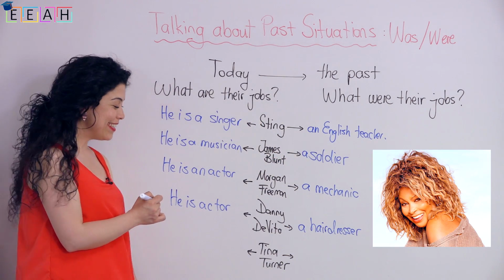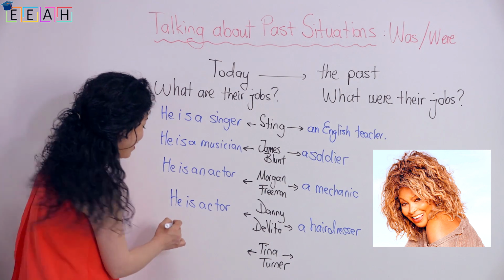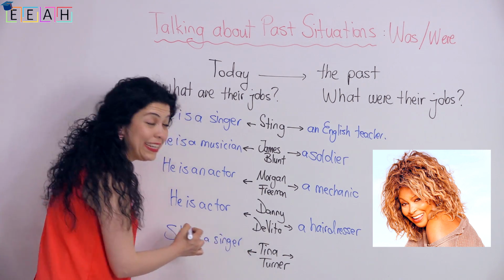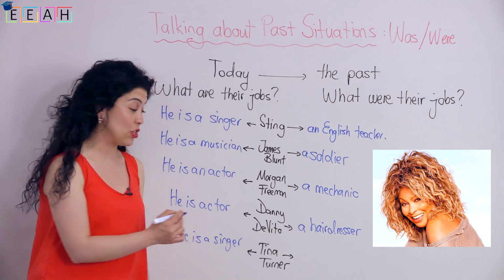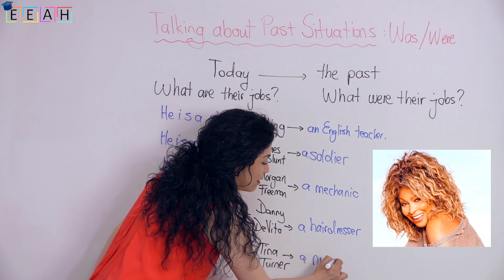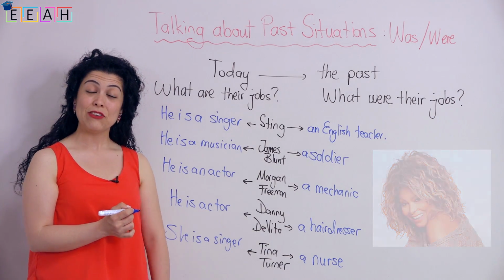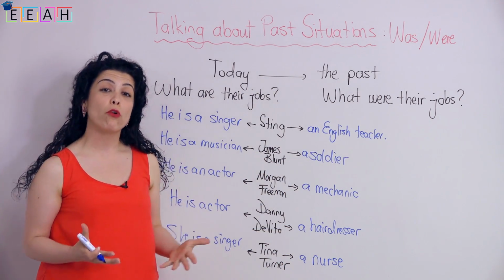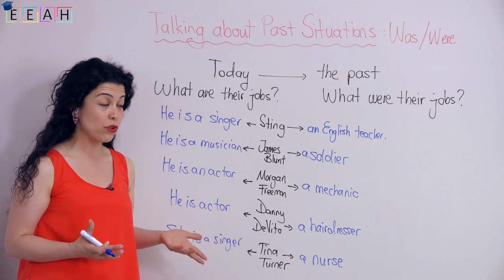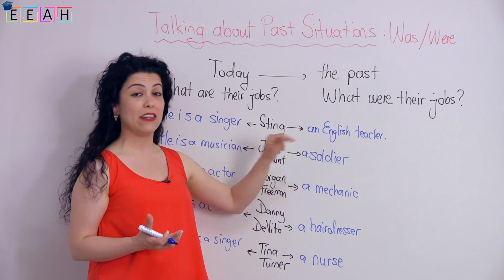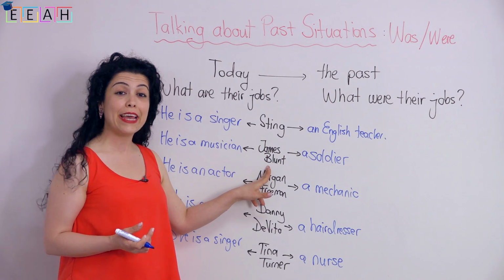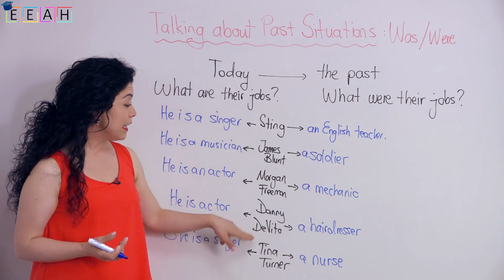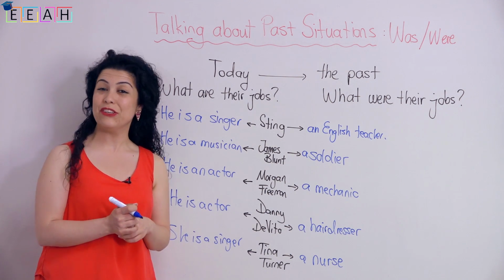What about her? She is a great singer, right? She is a singer. In the past, she was a nurse. A nurse, right? So, when you're talking about their past jobs, how did we form the sentences with was or were, right? So we said he was an English teacher. James Blunt, again, he was a soldier. He was a mechanic. He was a hairdresser and she was a nurse.